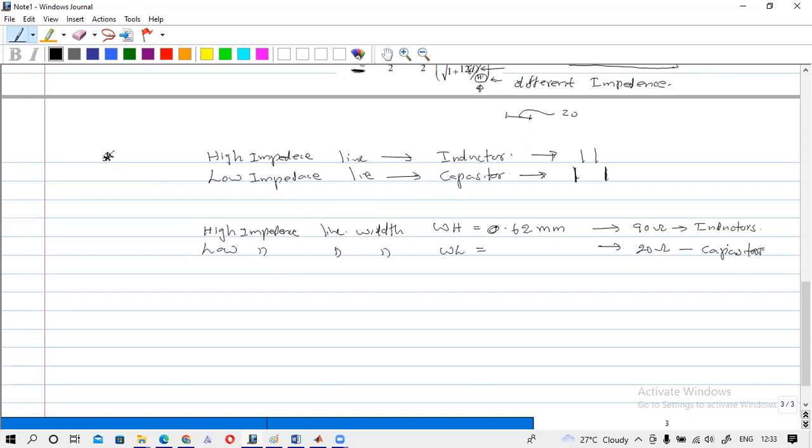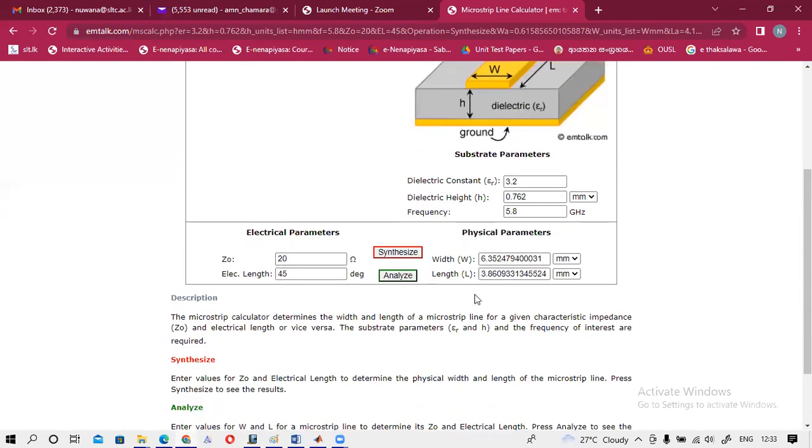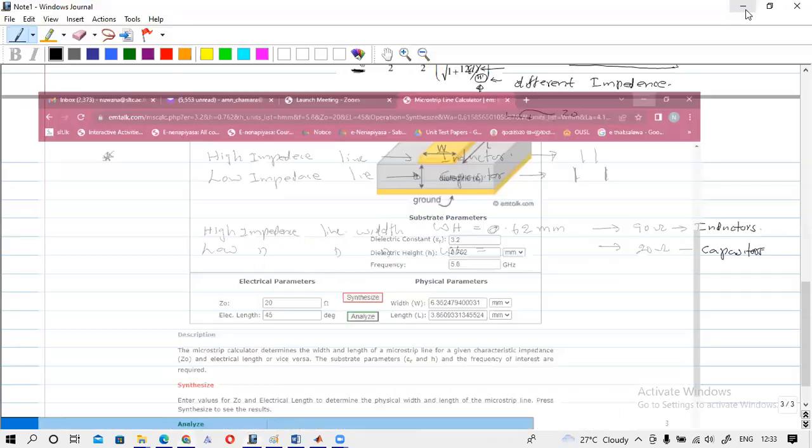We can calculate the WL value using the same tool, so I will put 20 here, and you can see that this width will be increased, because we are choosing a low impedance value, so the width should be increased. Now you can see that it is around 6.35 millimeter, so I will put 6.35.